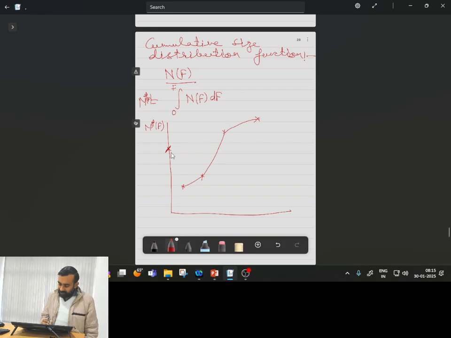Yeah, so here, if you see over here, what it is representing, it is representing the fraction only.